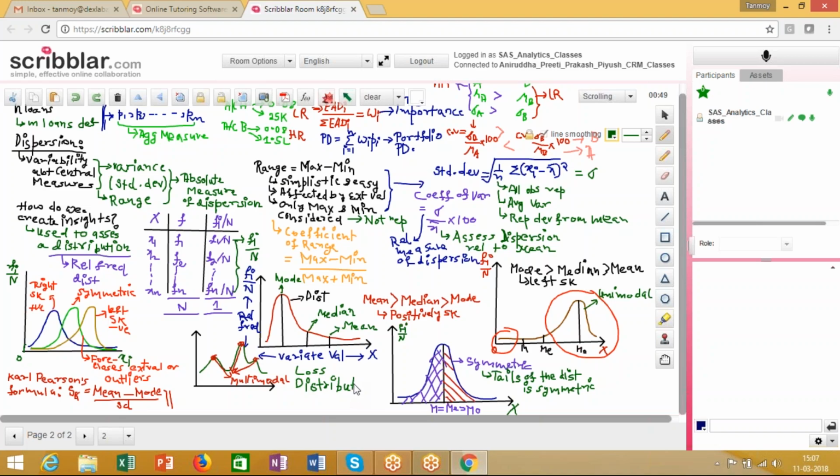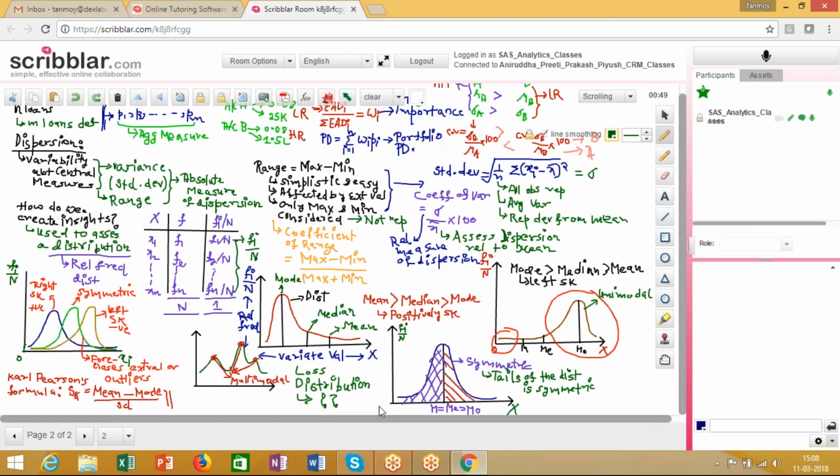The question that comes out is, what do you think would be the shape of the loss distribution? This is what we tend to answer now. How would the loss distribution actually look?